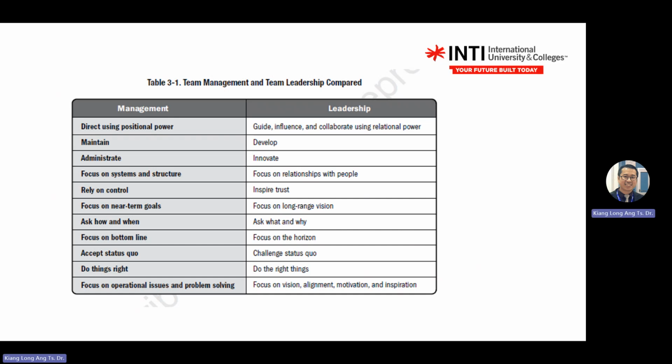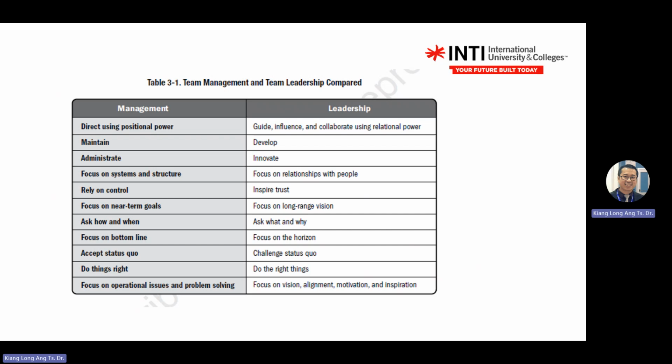So leadership and management are a bit different. Or you can see leadership is influence, the power to influence people. Management is executing. Management, you can use the keyword power or authority. Leadership is more on influence, how you influence people.